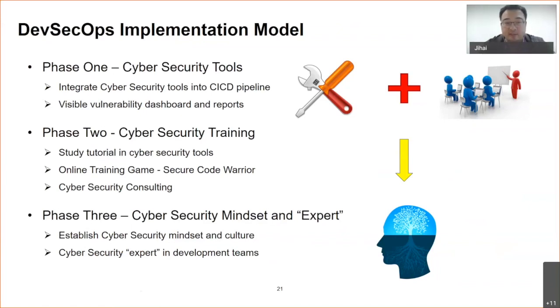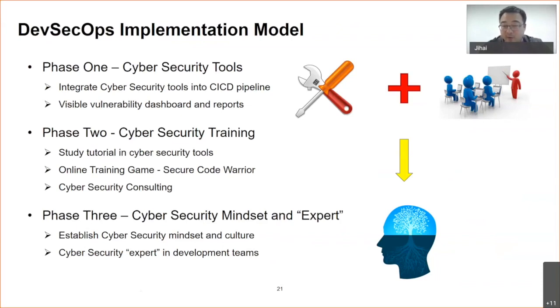So the key thing for this stage is that we need to automate the tools, and the tools help us find the vulnerabilities. The tool can't help you fix vulnerabilities. It can only help you find them.